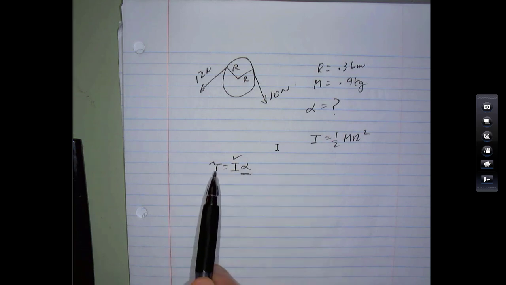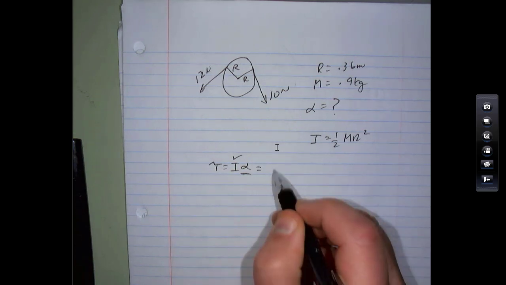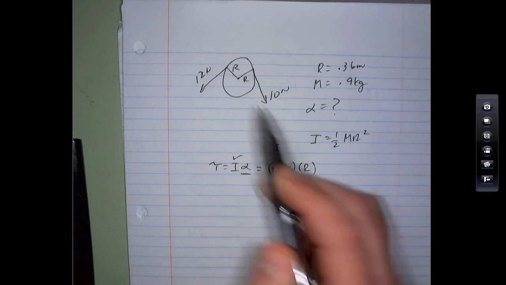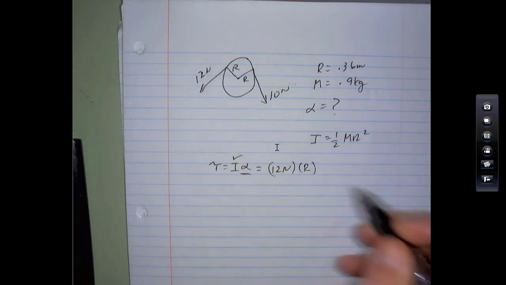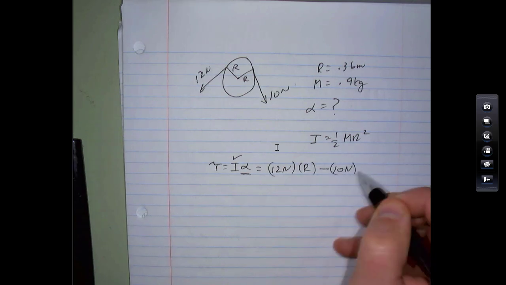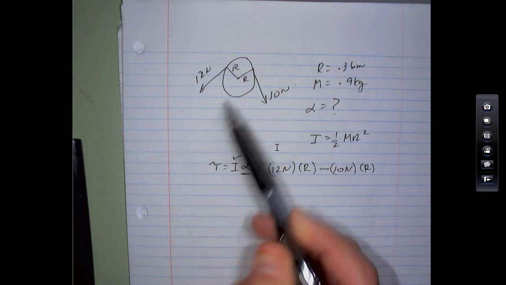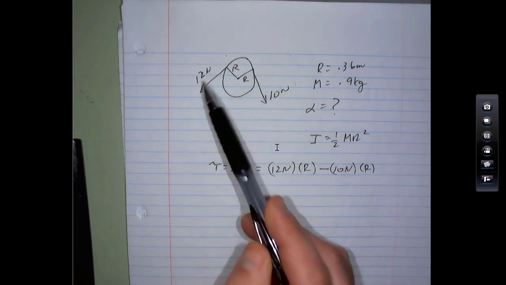How much is the net torque? Well, the net torque would be 12 newtons where it's applied, times R, that would make it rotate counterclockwise, minus 10 newtons. And I'm subtracting it because it's making it go the other direction. So technically, again, this is the positive direction, counterclockwise.